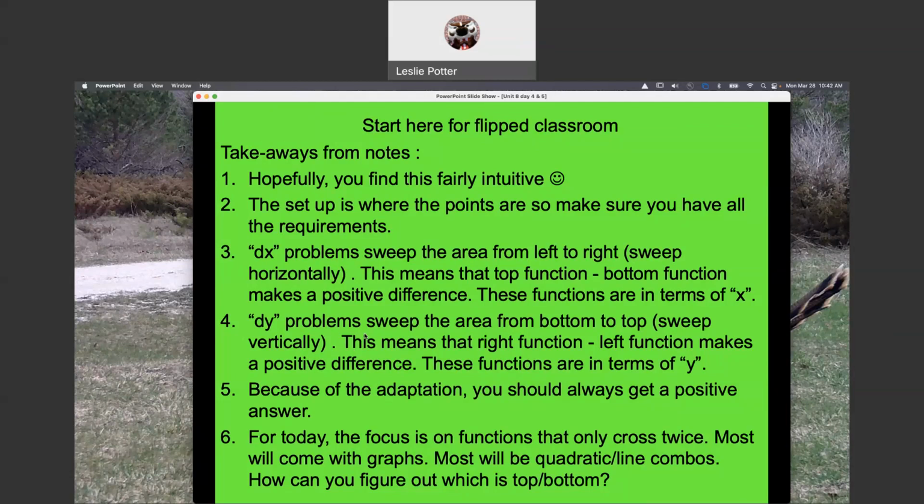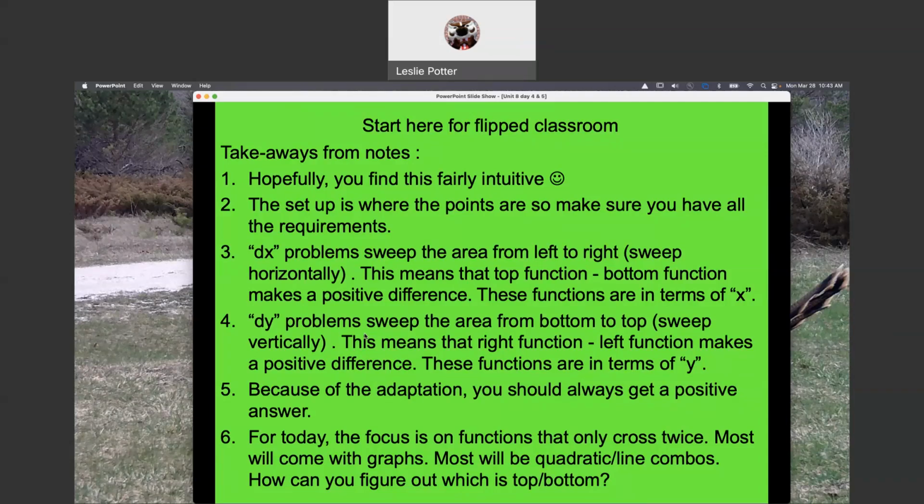Okay, but the way we can adjust that is we can call that a dy problem, and we can take these functions, like this is probably x equals y squared plus 6, right? And maybe this is x equals 2.